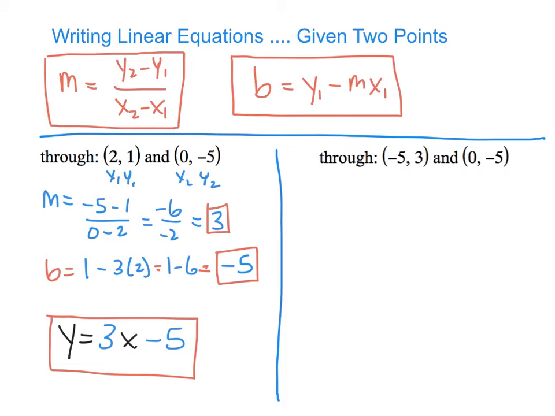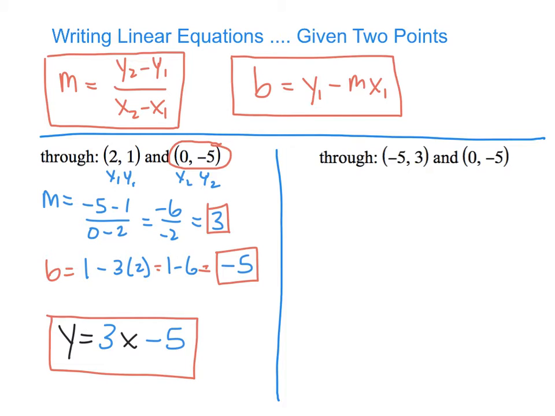Now let me show you a little shortcut here. If you're clever, you'll realize that we should have already known b was negative 5 because the coordinates of any y-intercept are 0, b. 0, whatever the y-intercept is. And we're given this point 0, negative 5 right here.